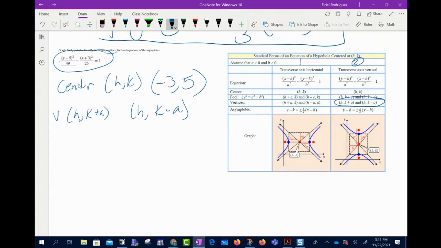We need to find a couple of things. Y'all agree that a squared is 49 and b squared is 25? That tells me a is 7 and b is 5.